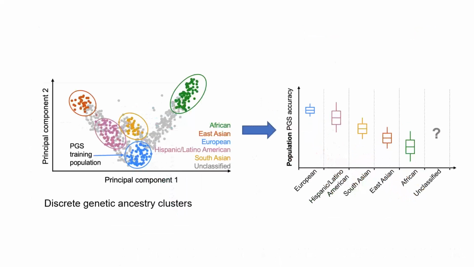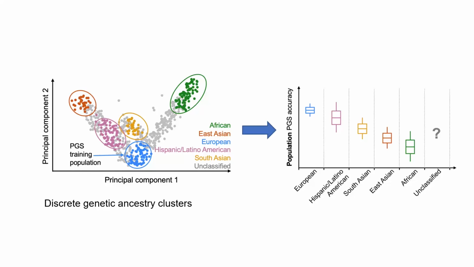Okay? And just to unpack this a little bit more, what happens in the figures that I showed you before is that somebody ran this PCA plot as before, then drew some circles around it, and called these individuals African, East Asian, and so on. They assign these cluster labels, and then within every cluster, they computed a single metric of accuracy, and that's what you saw plotted before.